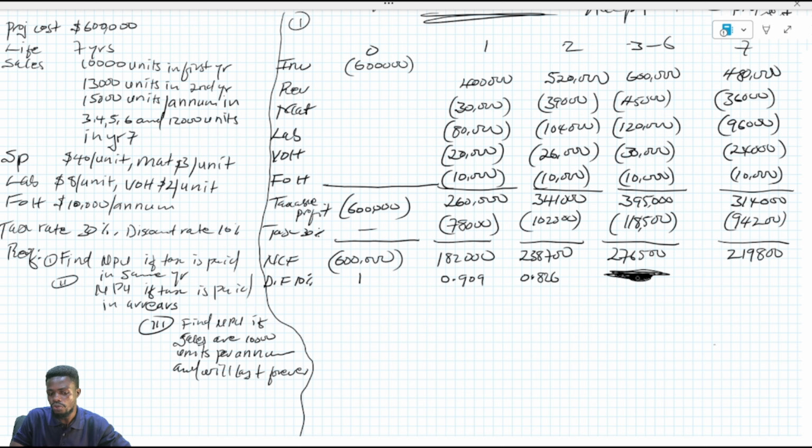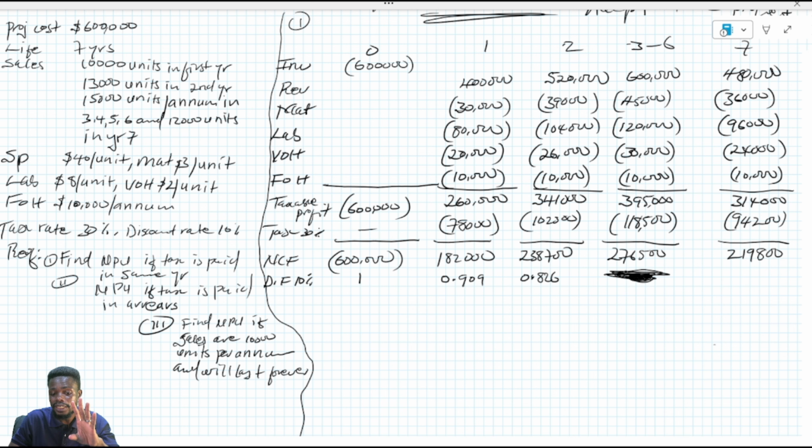You cannot use your PV discounting factor here, because you have a constant cash flow. Since you have a constant cash flow, for how many years? For 4 years.